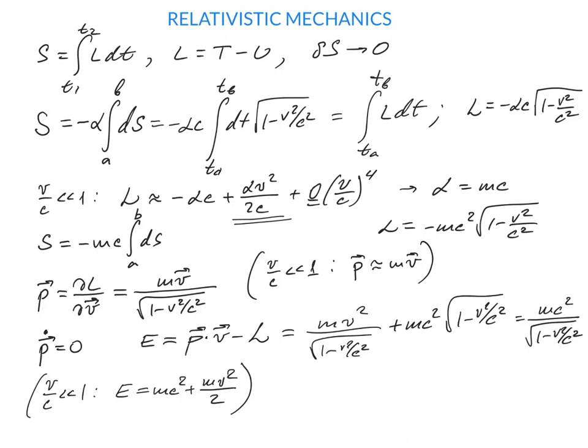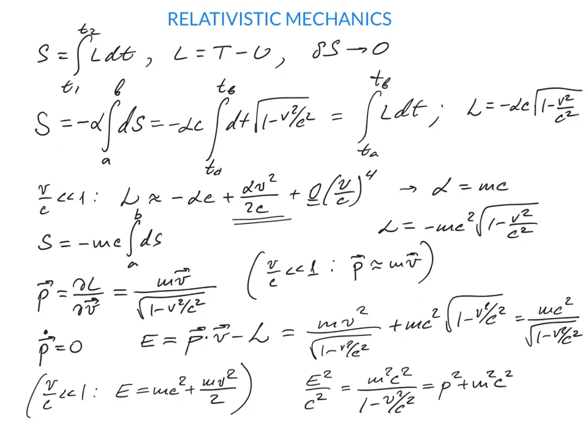Now, finally, both energy and momentum are unique functions of the velocity, so we can easily establish the connection between them. So if we write E squared over c squared, we'll have m squared c squared divided by 1 minus v squared over c squared, which, as can be easily checked, is the same thing as p squared plus m squared c squared.